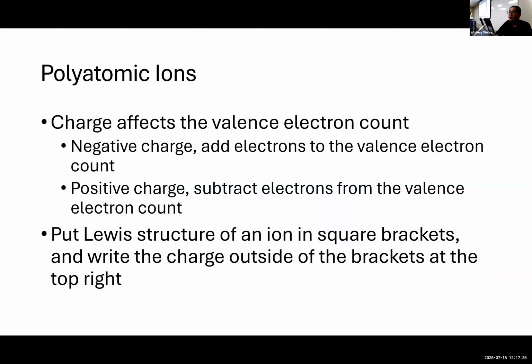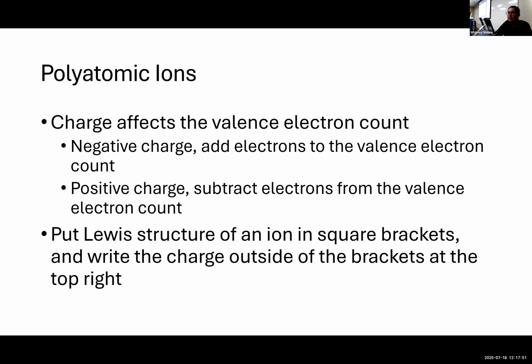So just reviewing what we did on the previous slide, charge does affect the valence electrons. If the charge is negative, you will add electrons to the valence electron count, depending on what that charge is, whether it's a -1, -2, -3. If it's a positive charge, you would remove electrons. So you'd count it up like you normally would, and then you'd subtract however that charge is.